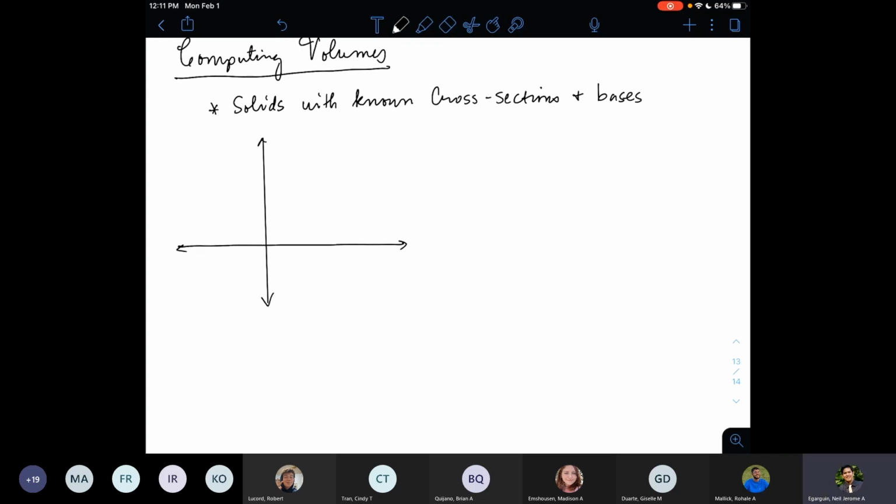So perhaps you might be told that this would be the base of my solid, right? So let's highlight this. This is the base, the region R. Of course, this will be given by some function y equals f of x. Usually you have the x-axis, or sometimes you have, say, y equals g of x over there, okay?